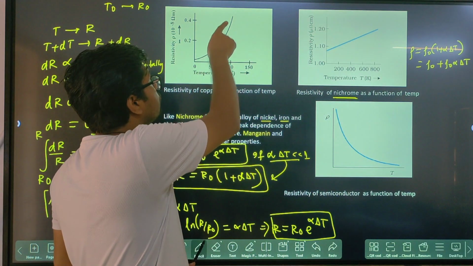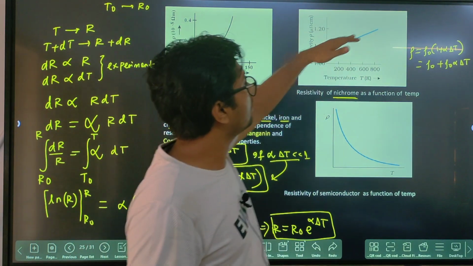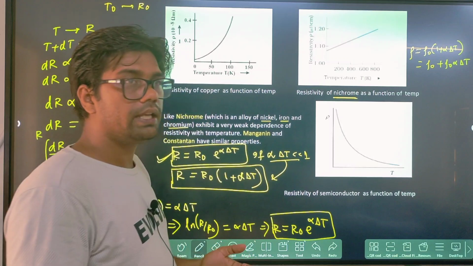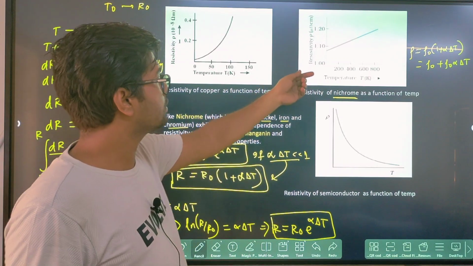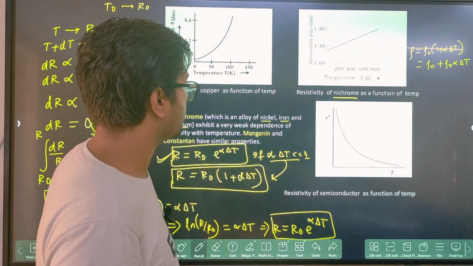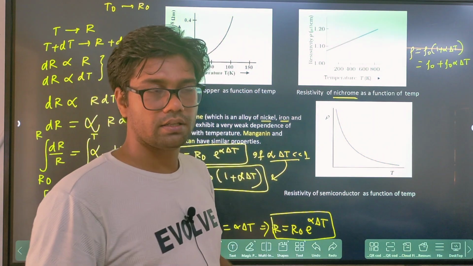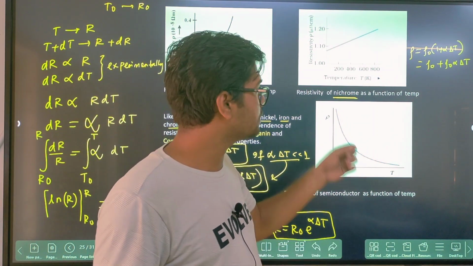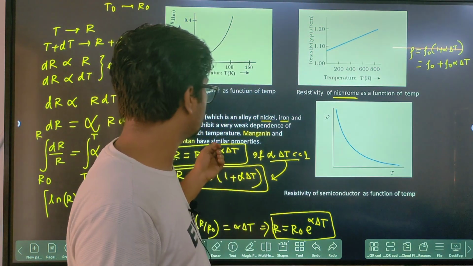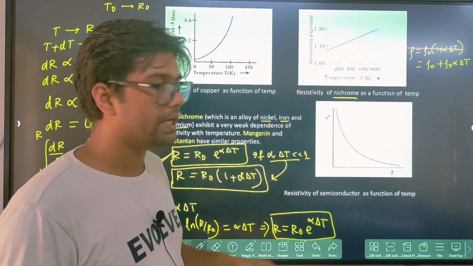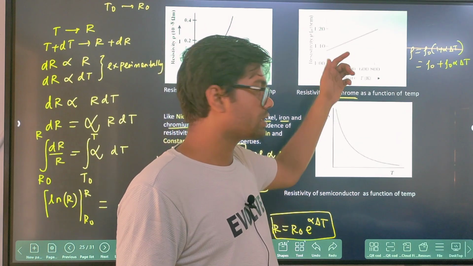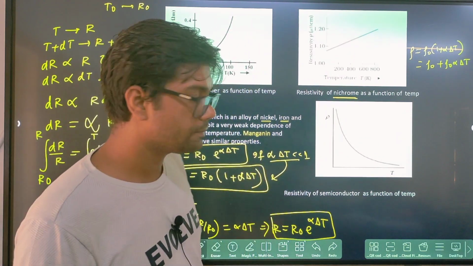Here you see that huge variation, right? But here it is not a huge variation, the resistivity is almost constant. So that's why many devices use this. We'll see in the lab, some instruments use this nichrome or constantan wire to maintain the resistivity constant with the temperature, right?